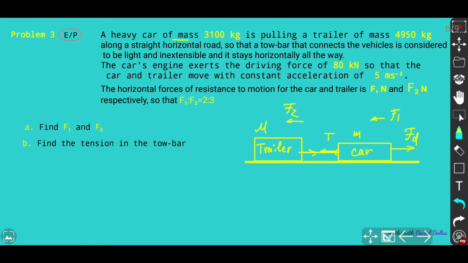Of course it's the same because we have a very light string, so if we apply Newton's second law for the string, we can prove that both tension forces are the same. Okay, because there is no resultant force on the string. If you're not sure, again, rewatch the video where I explain those basics, why we can consider it like we described.